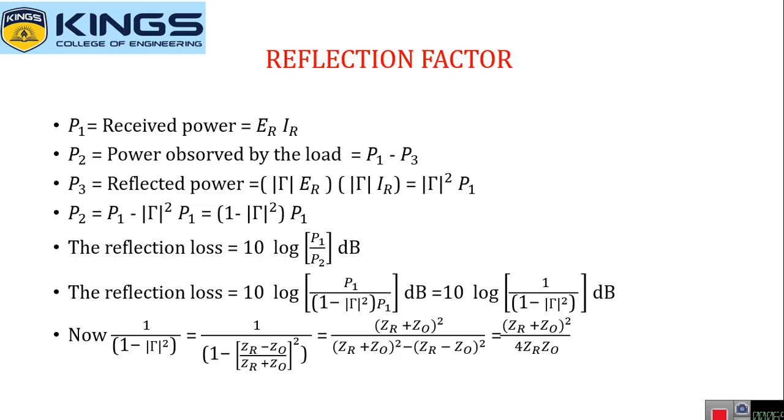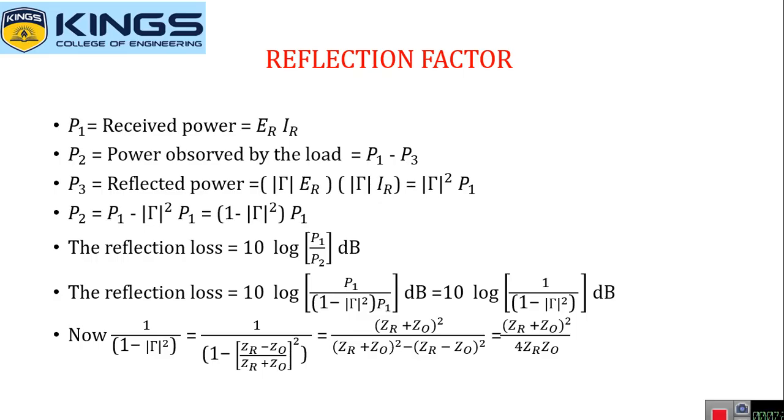So already we know that tau is the reflection coefficient, and the formula is ZR minus Z0 by ZR plus Z0. If you take the term 1 by 1 minus tau square, and substitute tau as ZR minus Z0 by ZR plus Z0 whole square, then multiplying 1 with ZR plus Z0 whole square, the balance ZR plus Z0 square goes up.